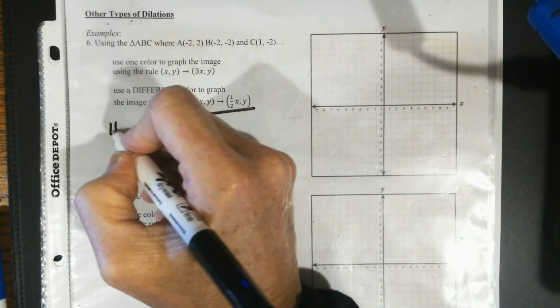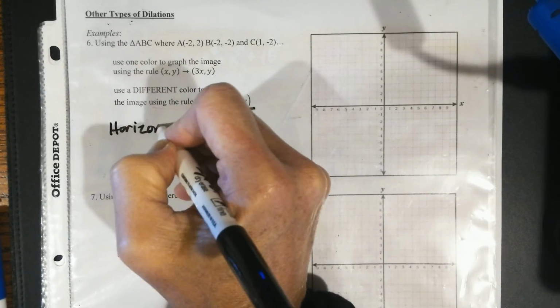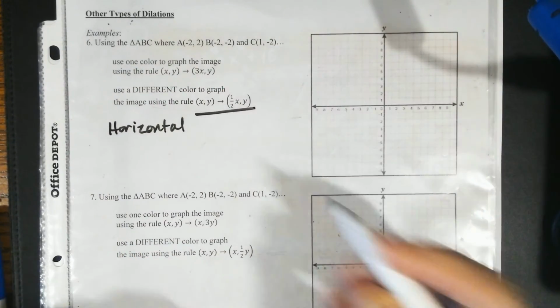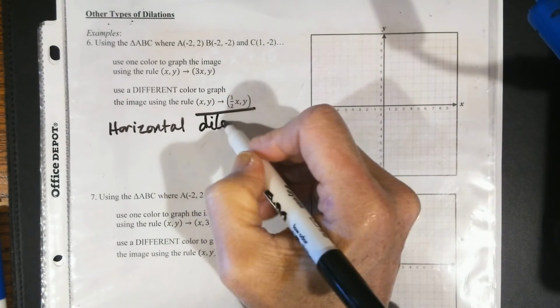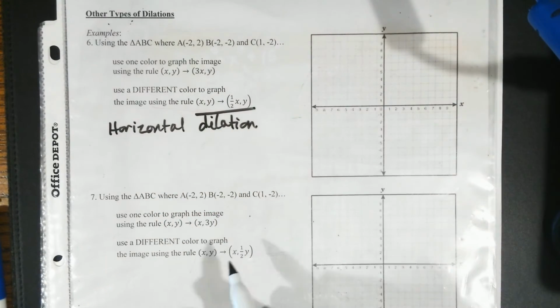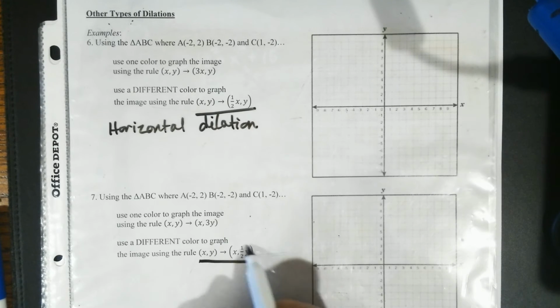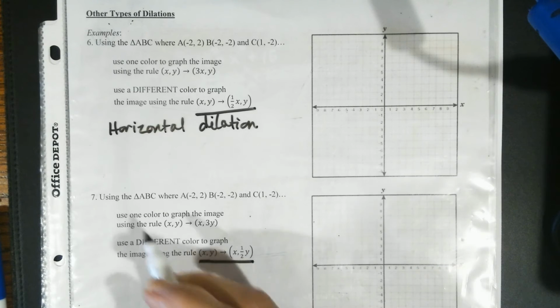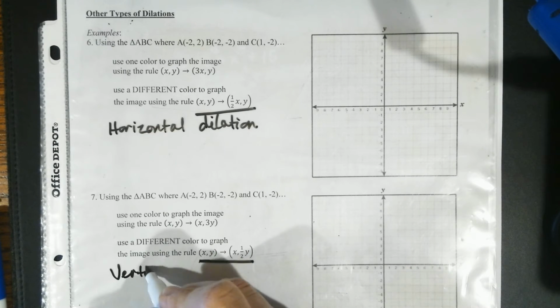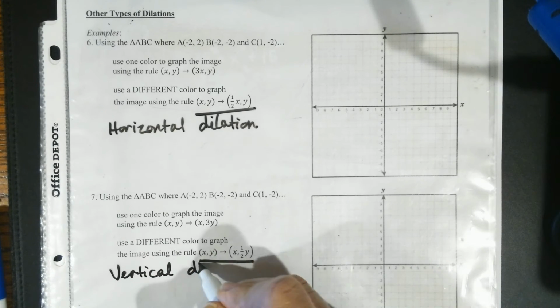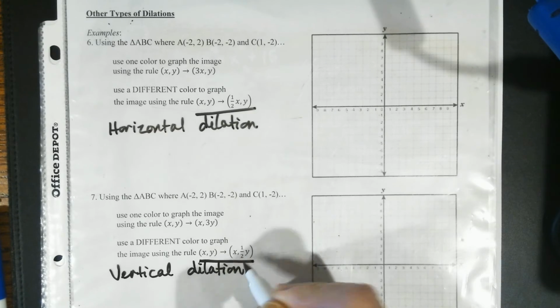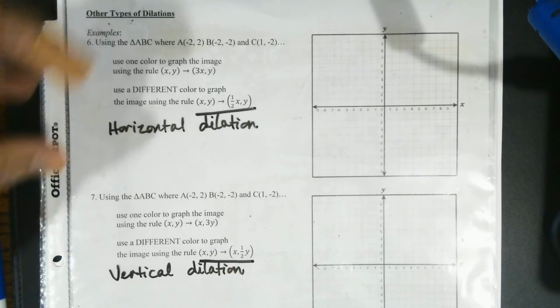So this is going to be called a horizontal dilation where it only affects the x. And this one, as you'll see when you do the different color, only affects the y. See, the x just goes to x, but the y is changed. So this is a vertical dilation. Of course, they're getting smaller too because it's half.